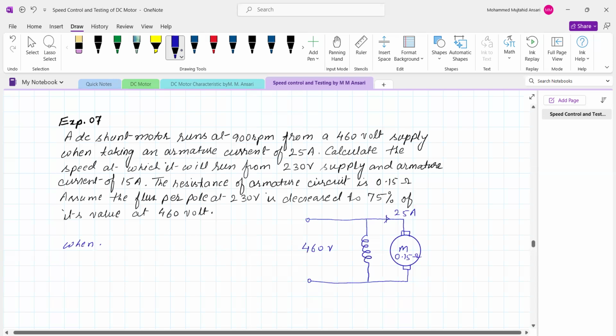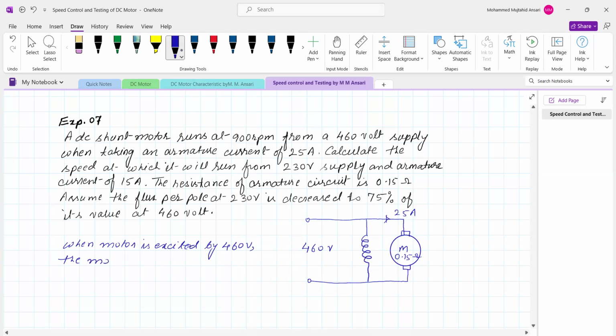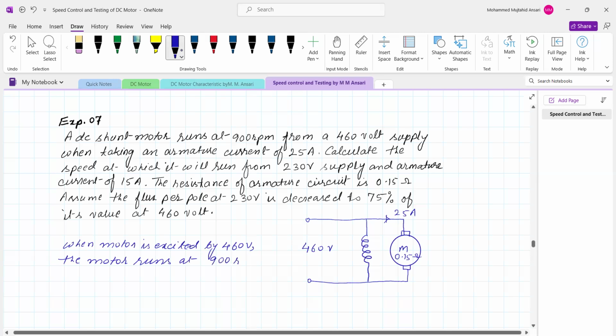When the motor is excited by 460 volt, the motor runs at 900 RPM.